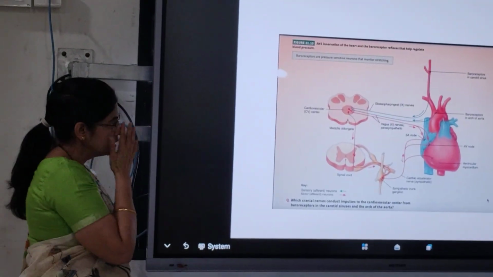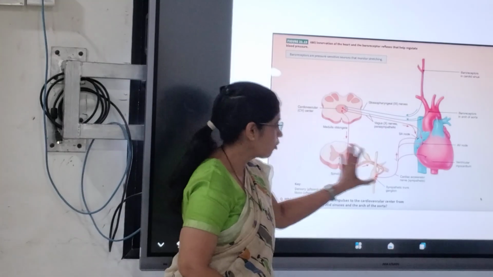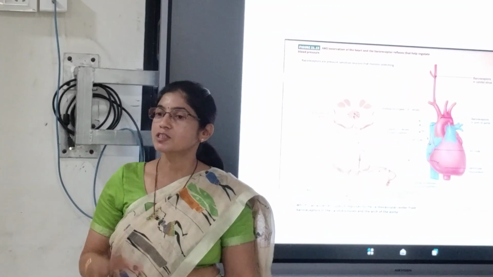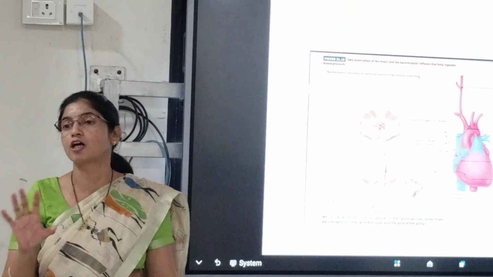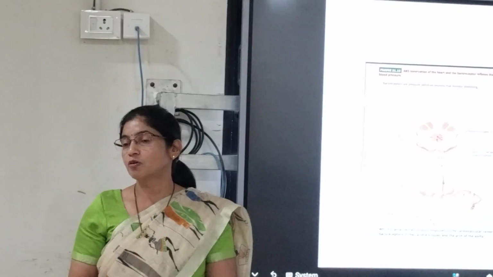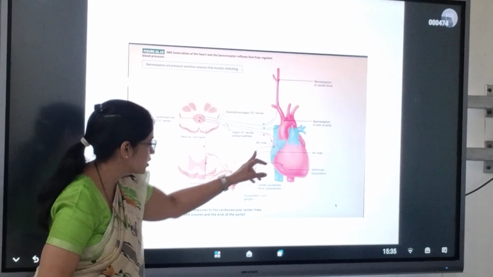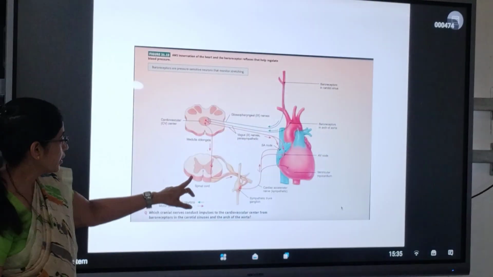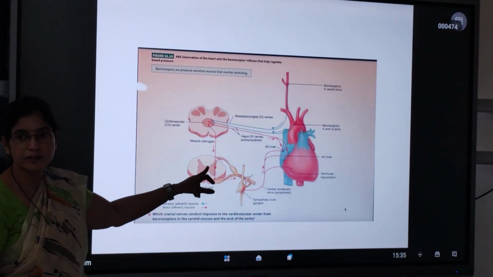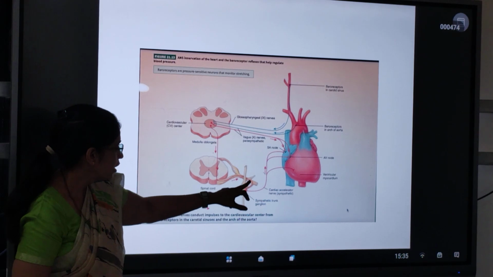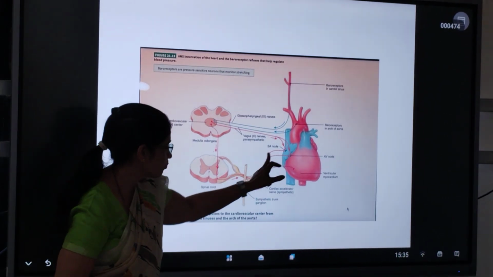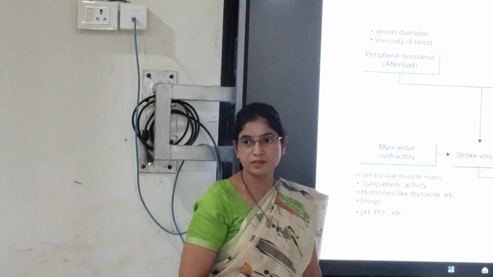So actually this is the overall picture of the nerve supply for the regulation of the heart rate and your blood pressure. One part is already discussed. This is the sympathetic system. From the intermediolateral horn, it goes to the sympathetic chain, and the postganglionic fibers are supplying the ventricular muscles.